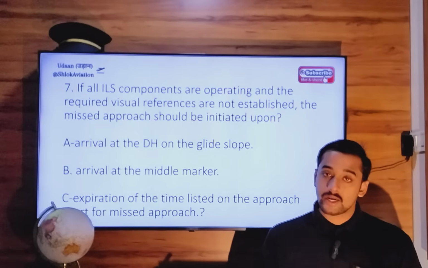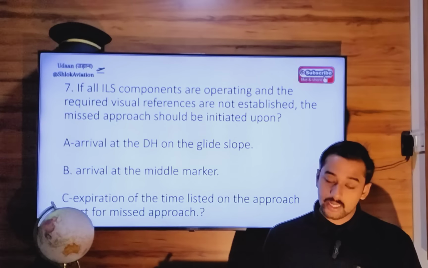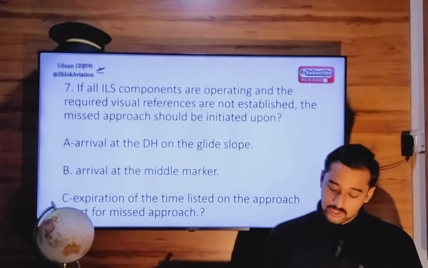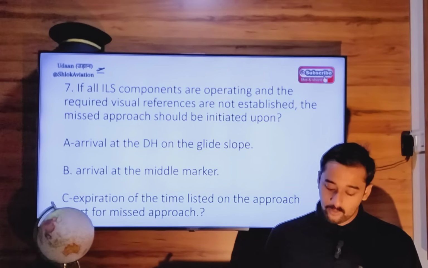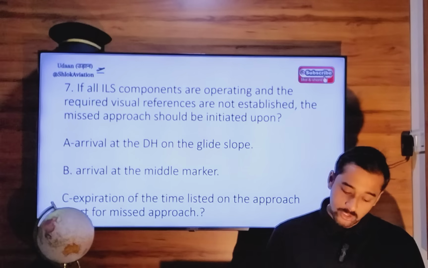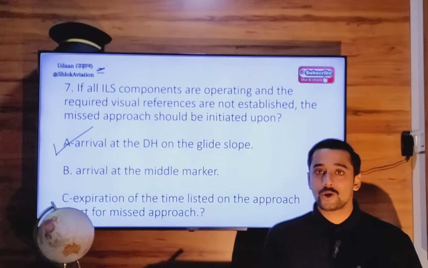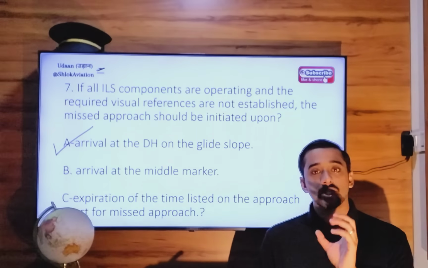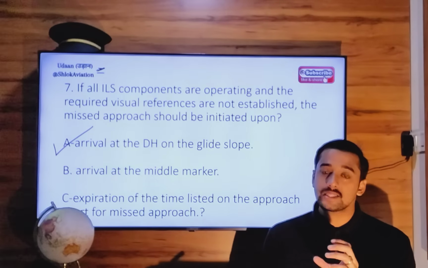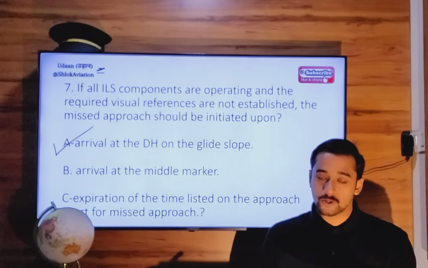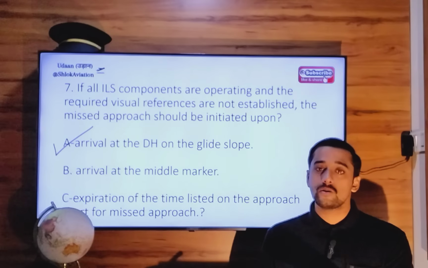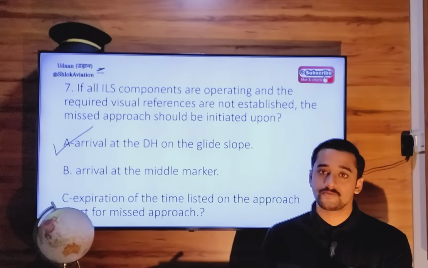At decision height on the glide slope, at middle marker, expiration of the time listed on the approach chart for missed approach. So correct option will be decision height. When you are talking about ILS, automatically decision altitude or decision height is the place where you execute missed approach procedure if you are not able to meet visual requirements or visual references, right?